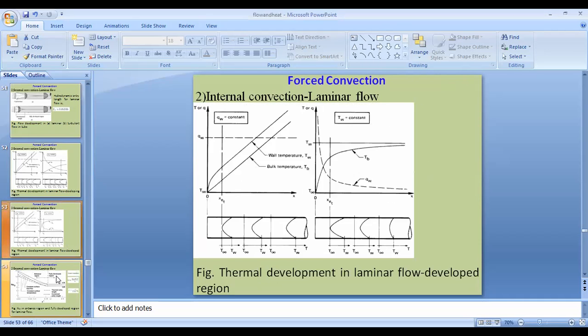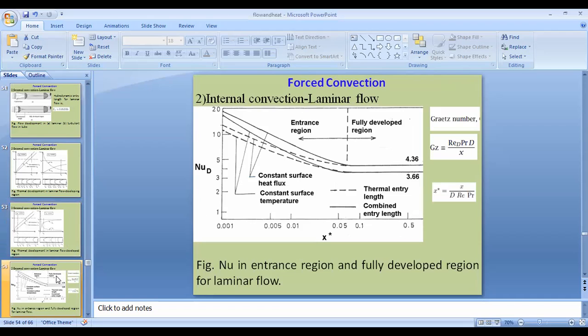Okay. There will be a single value for the Nusselt number. Those values are 3.66 and 4.36.